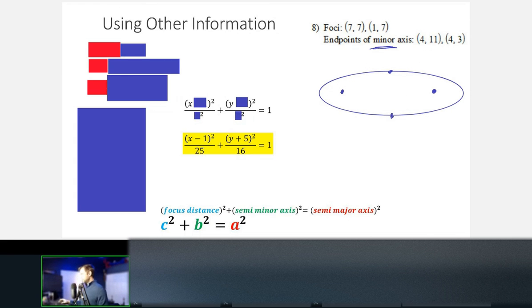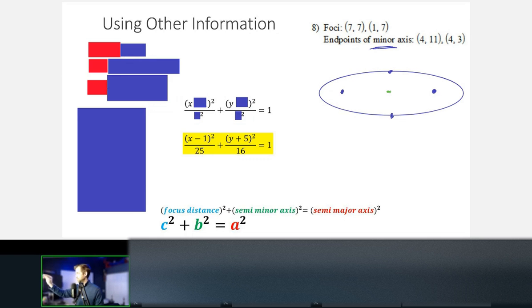All right, so based on that sketch, actually, let me ask you this. Did everyone get a sketch that was similar to this? Okay, good, good, good. All right. Can we pull out the center based on what I have here?